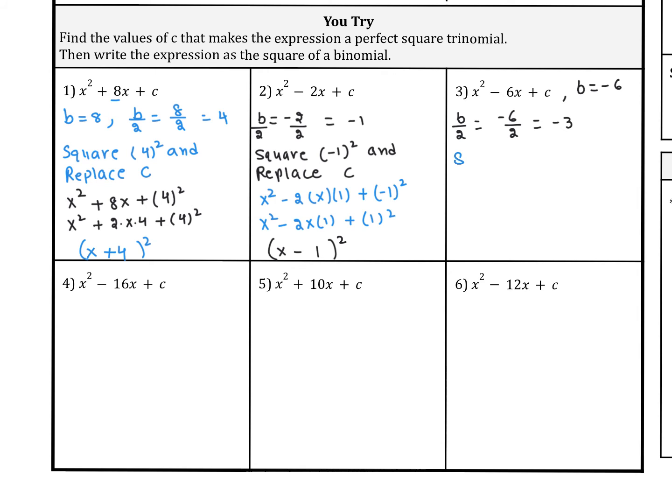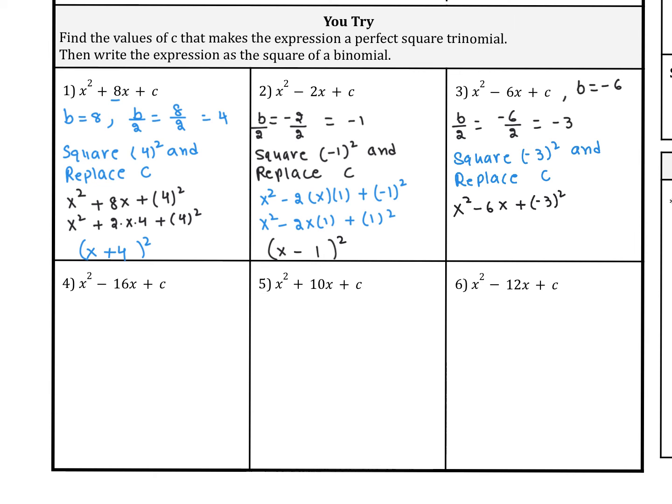You square negative 3 and replace c. So the new expression is x squared minus 6x plus negative 3 squared.